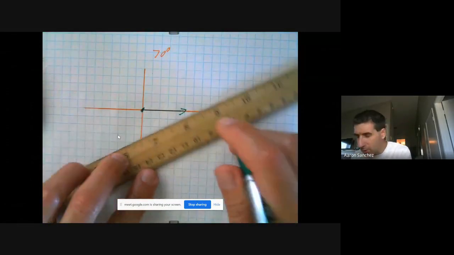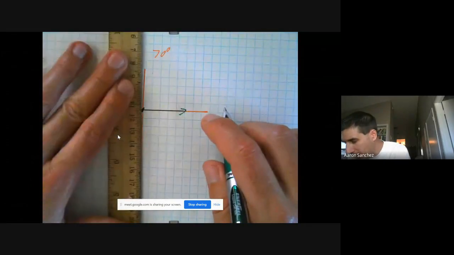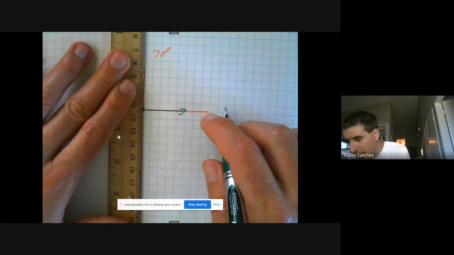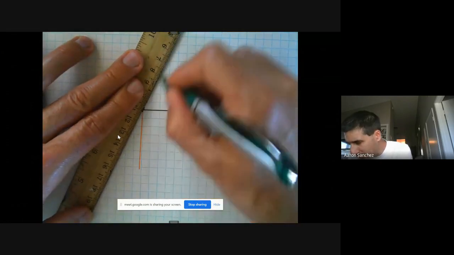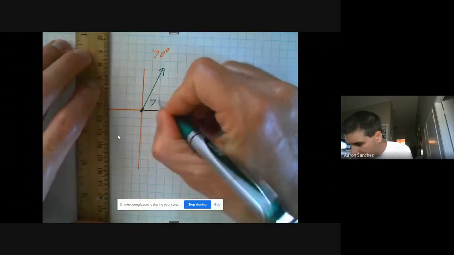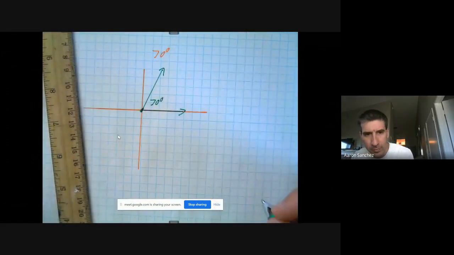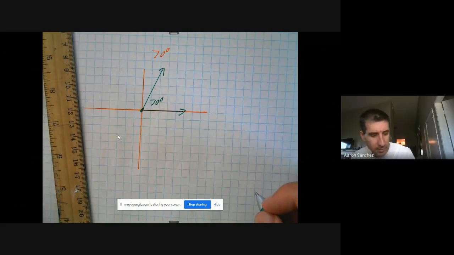And where would 70 degrees be? Well, this is 90, right? So it'd be a little less. Just estimate. Probably right about there. And there you go. That's it? That's all we have to do? That's it.